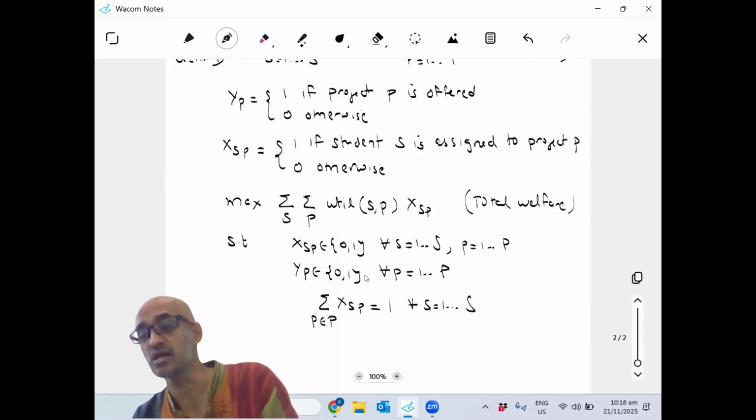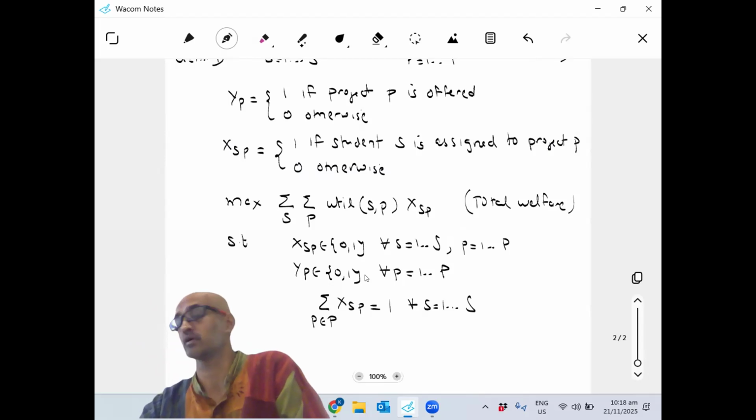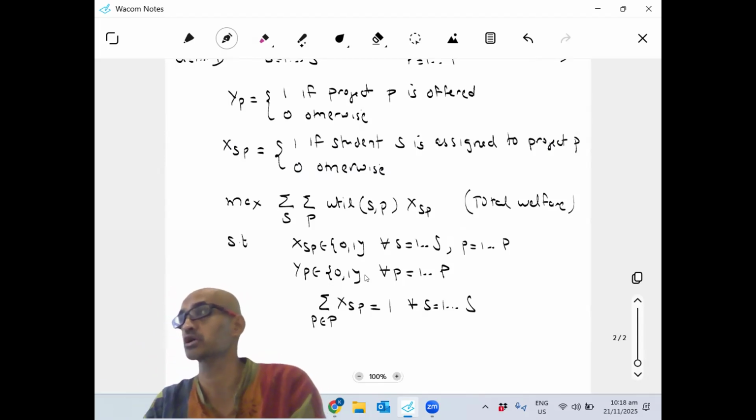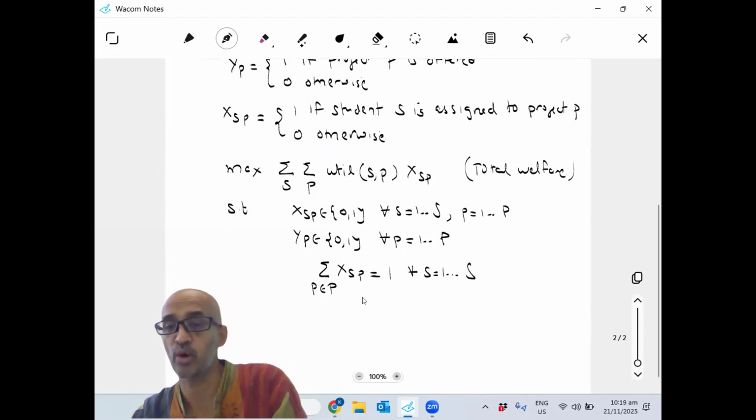If XSP is binary, and if I sum this up across all projects for any student, let's say the first student, I sum it up across all projects and I make it 1. And because the variables are binary, it has to be one of them, as the student has to be allotted to one project. What additional constraints do I have?